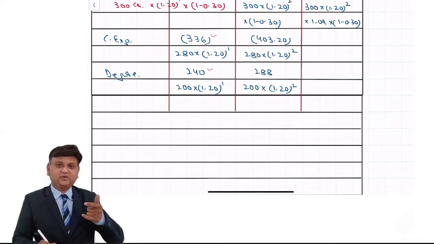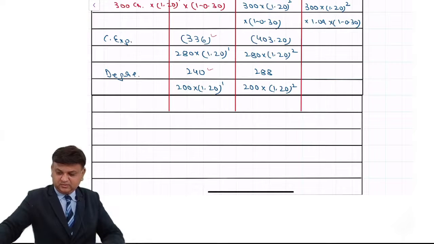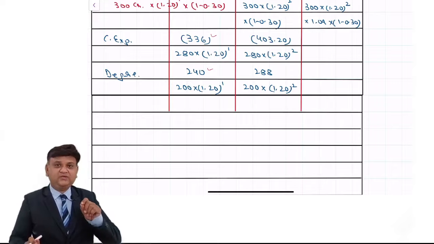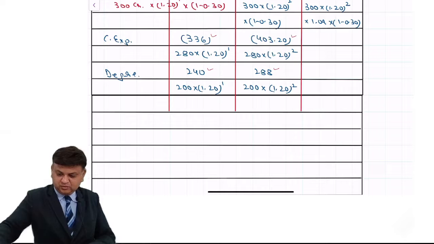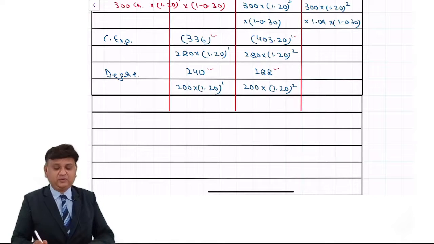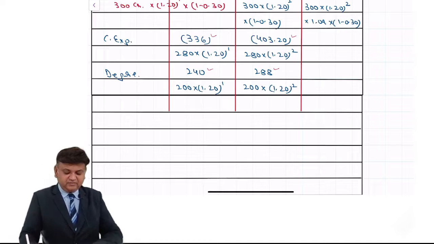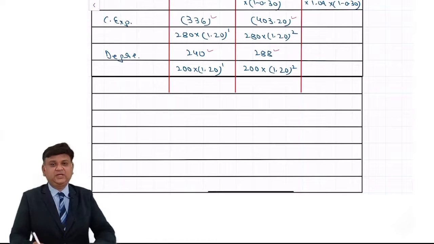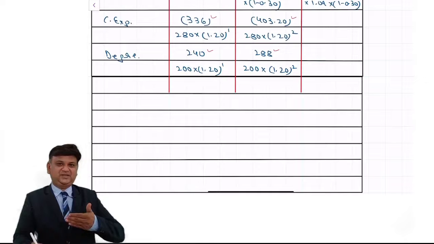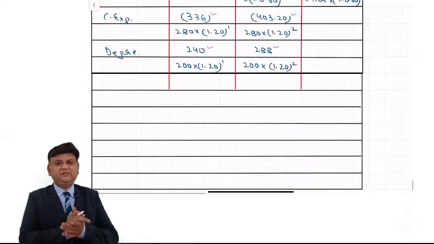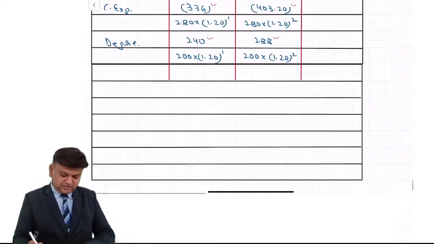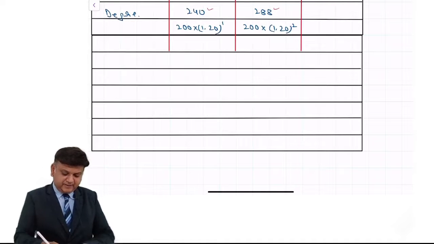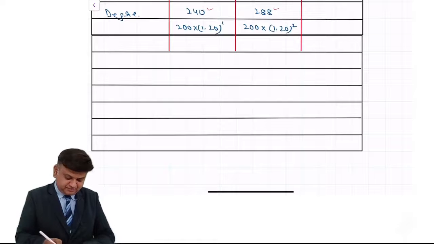Then 96 into 1.2 is 115.2. So you compute the difference of these two, 403.2 minus 288, that is 115.2. That is the way we will have the capital expenditure net of the depreciation for the second year. This is the way we can also make the calculation for capital expenditure net of the depreciation. Next is the working capital change.